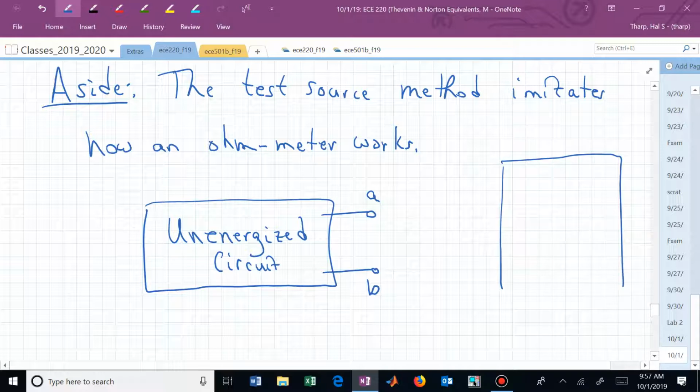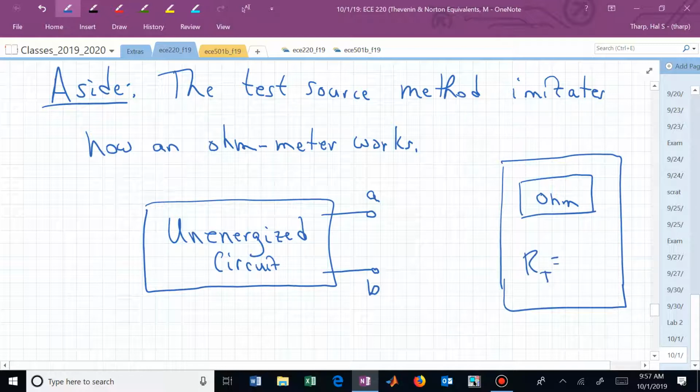And here in my lab, I have this ohm meter. And now I connect this with leads, and the ohm meter effectively has a battery in it.